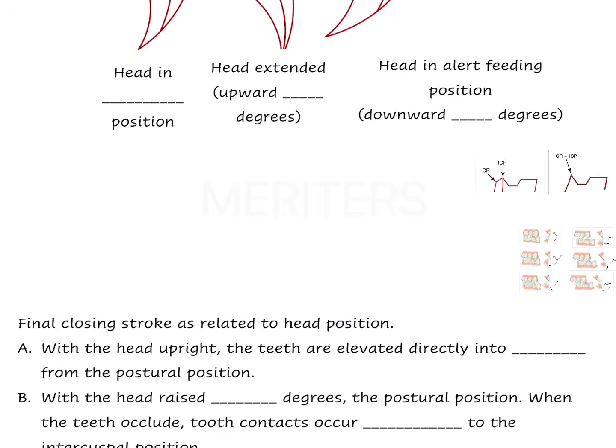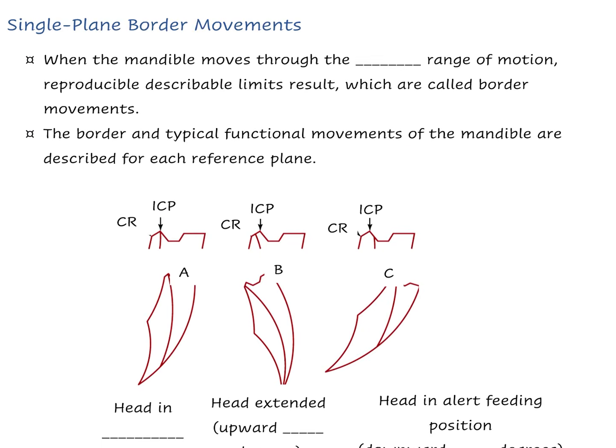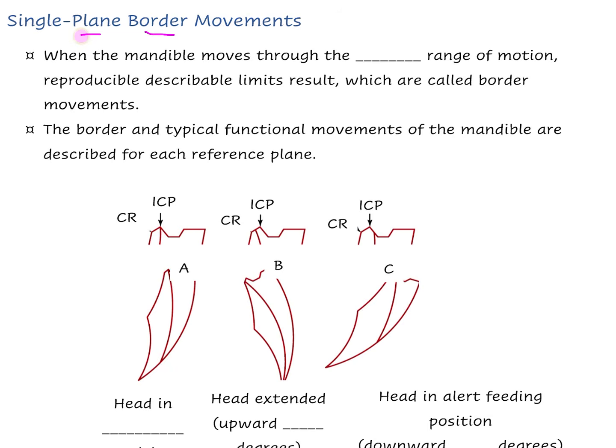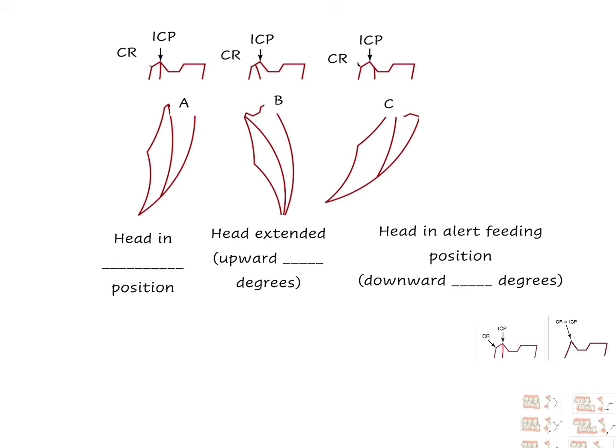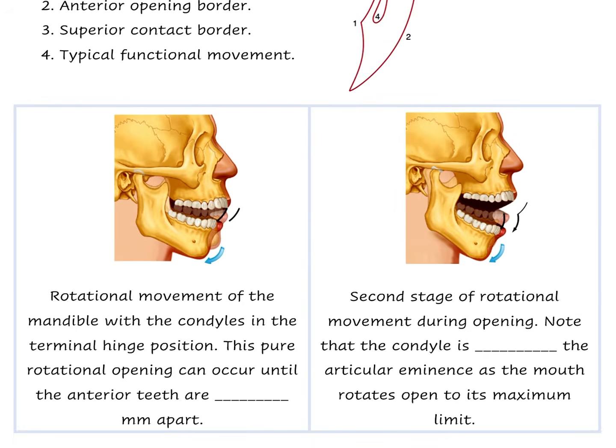Now, let's look at the first single plane border movements. It says that when the mandible moves through the outer range of motion, so borders of the mandible moving in all three planes is called the border movements. Okay, and we will be talking about each specific section in detail.